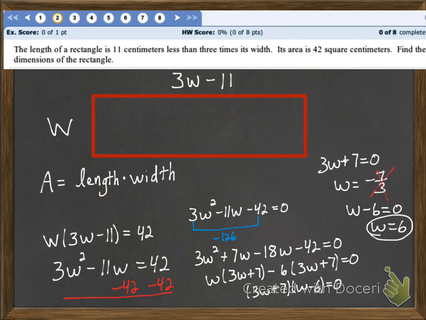So now that we know the width, we go back to the problem. The problem wanted to know what are the dimensions of the rectangle. So we now know that the width is 6. So we can go over here and write that down. The width is 6.